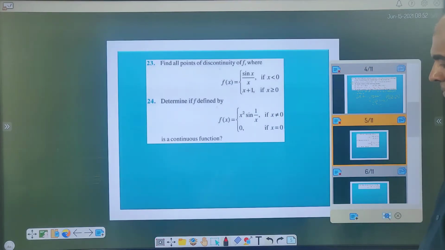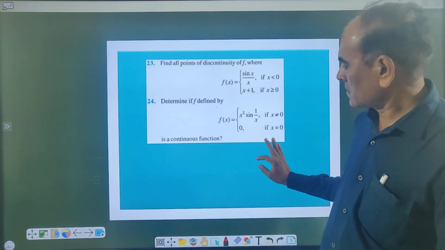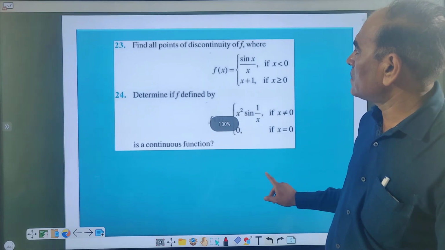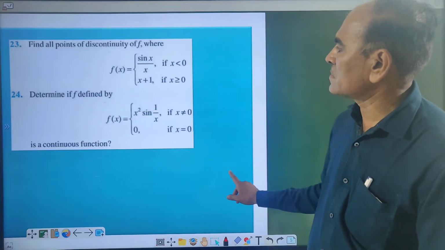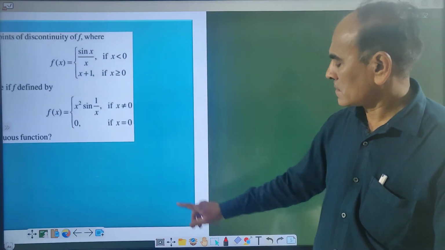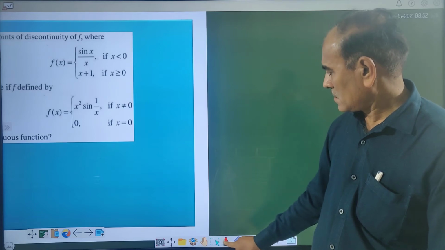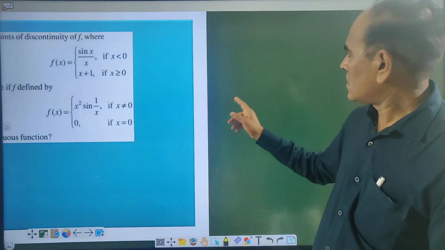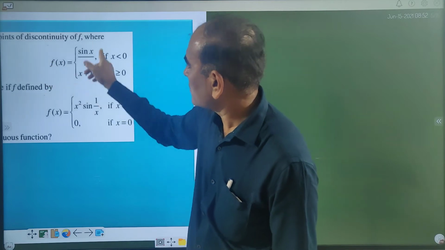Today let us see the next thing. Find all the points of discontinuity of this function. The function is given here.